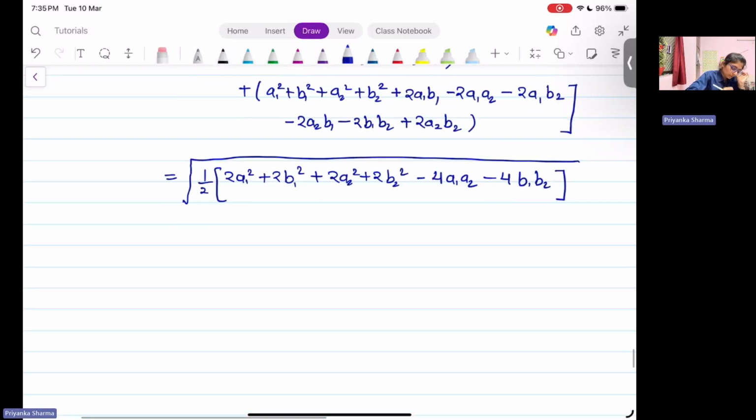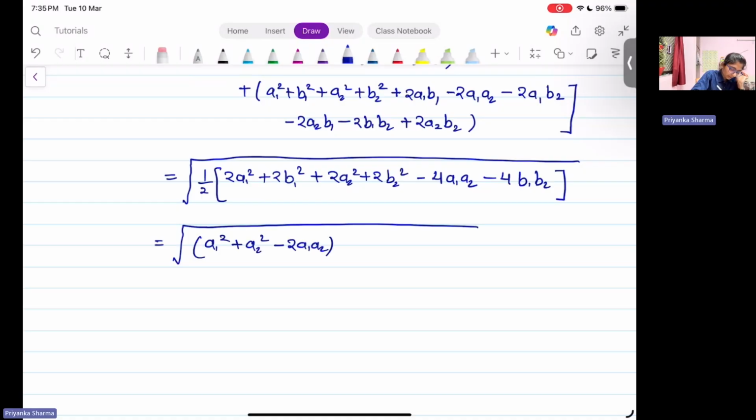Okay, so this can be written as the square root of A1 square plus A2 square minus 2 A1 A2 plus B1 square plus B2 square minus 2 B1 B2.